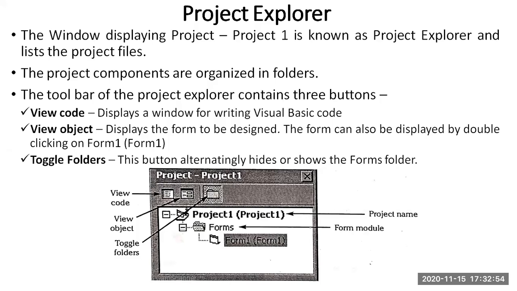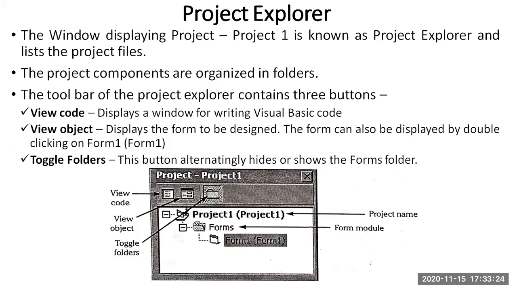Project Explorer. The window displaying Project 1 is known as the Project Explorer and it lists the project files. The project components are organized in folders as in Windows Explorer. The toolbar of the Project Explorer consists of three buttons: View Code, View Object, and Toggle Folders.